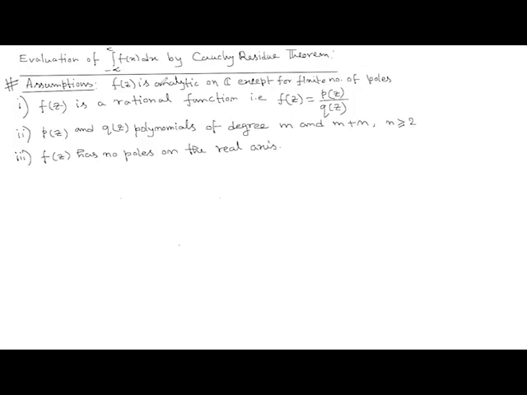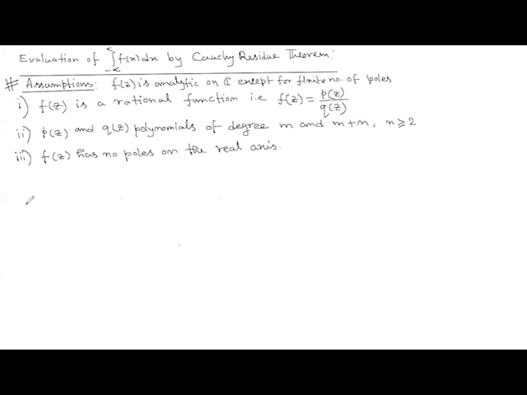Let us go into the evaluation of this integral by Cauchy residue theorem. Here first we need to select the function f(z) depending on the given function f(x). Now before going into the procedure, we require certain assumptions. That says f(z) is analytic on C except for finite number of poles.